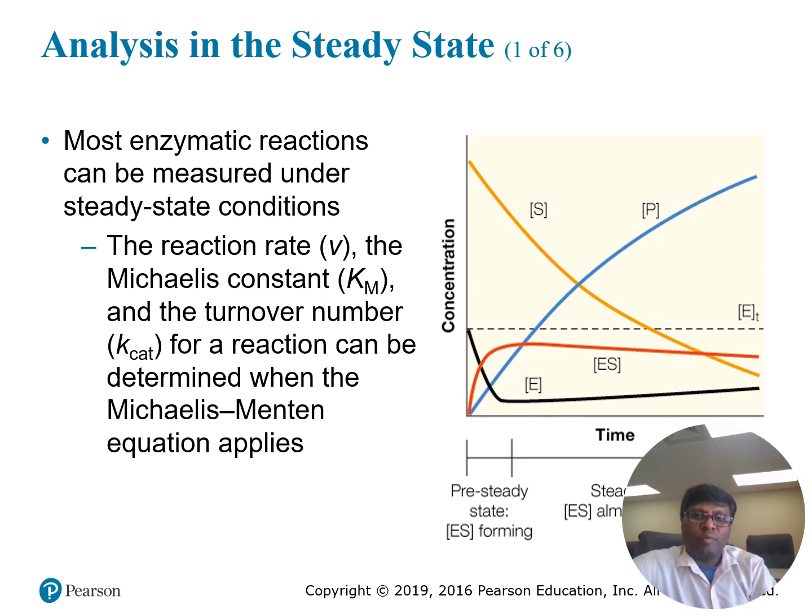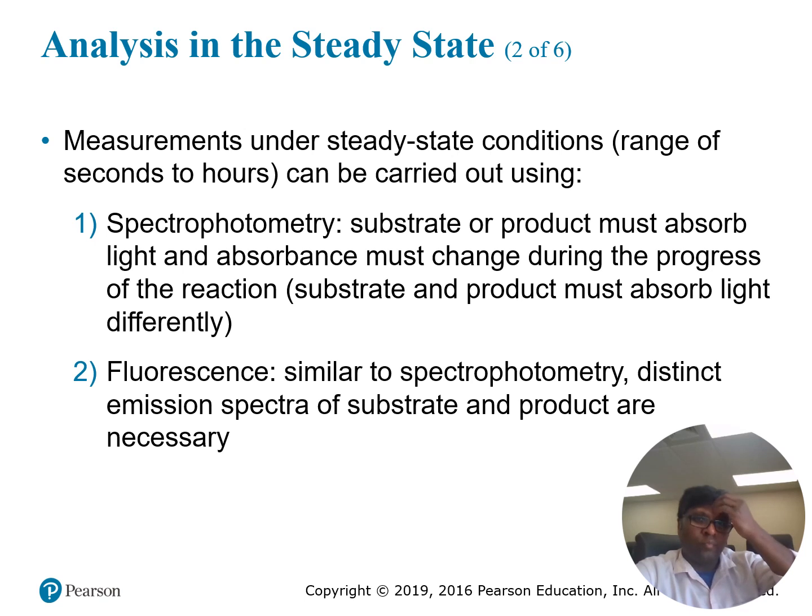To identify many of these chemical reactions, they can be measured under steady conditions. Especially the substrates and products we generate, we can easily identify by several methods. These can be carried out spectrophotometrically, where the products can be measured, or using fluorescence.